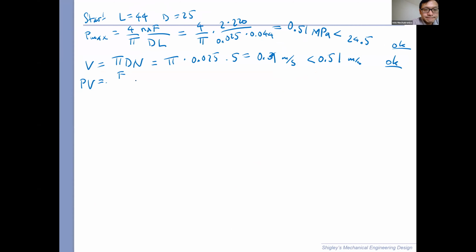Oh, pi Fn over L. So we have the ND here. 2 times 220 times 5 over... You can also calculate P average and multiply it by 0.39. That's how I did it in my old notes.